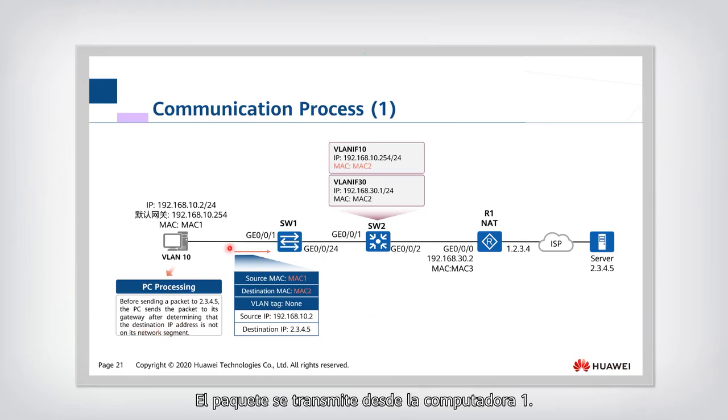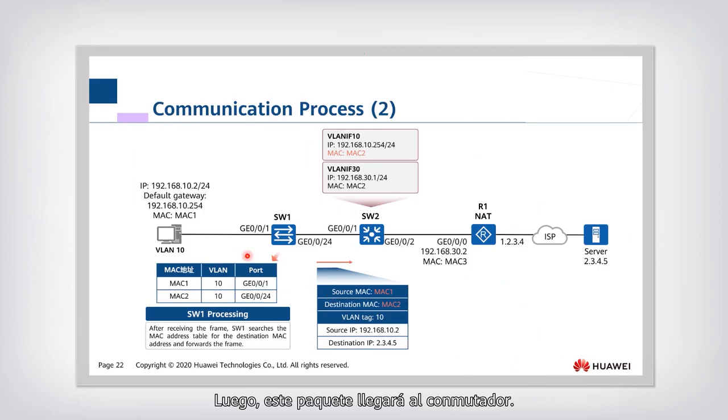The packet transmits from PC1. The source MAC address should be MAC1. The destination MAC address should be the default gateway MAC address, so it should be MAC2. And the source IP is itself, the destination IP is the server, and because this is sent by the host, there will be no VLAN tag.